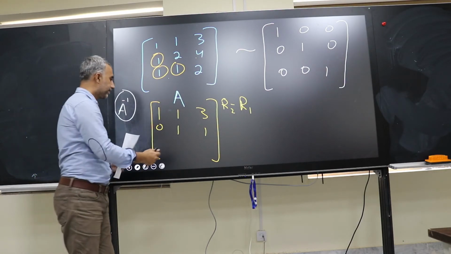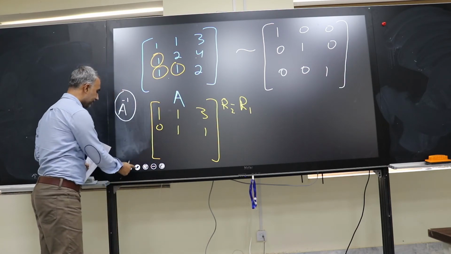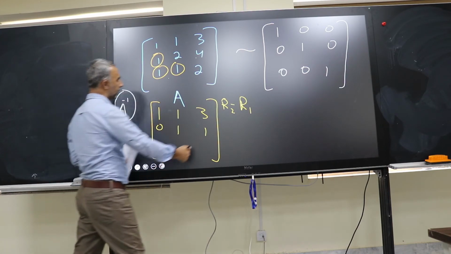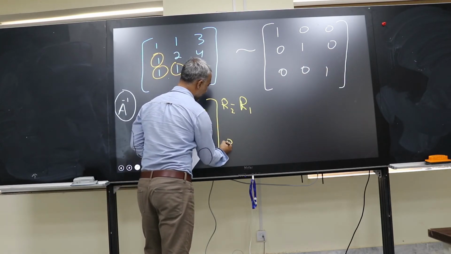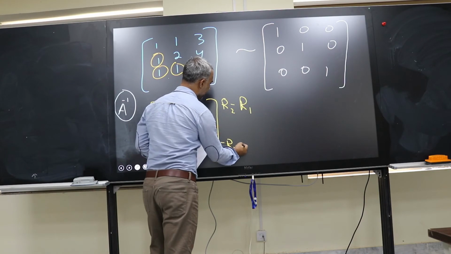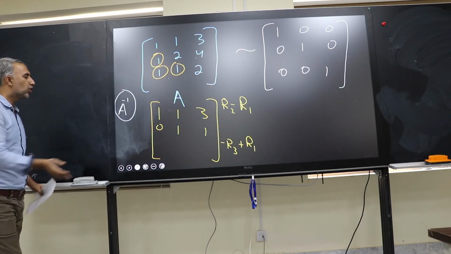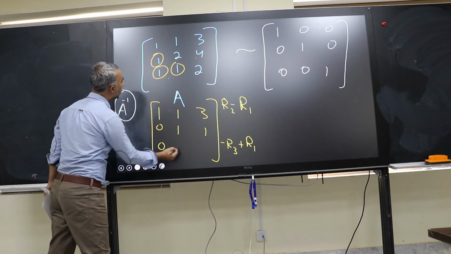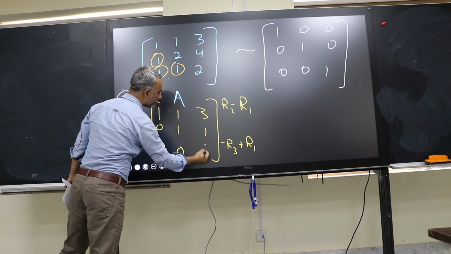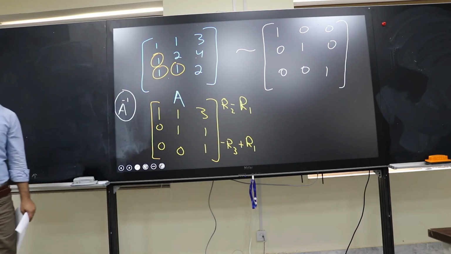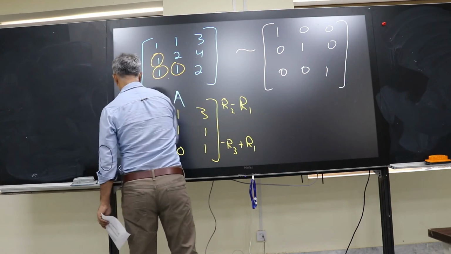Yes, sir, minus R1. So she said that we should write like this. Yes, R3 minus R1. Minus R3, a minus will come. Is it fine, my daughter? Yes. Okay, so here 0, 0. So 3 here minus 2, so 1. Is it okay? Yes.